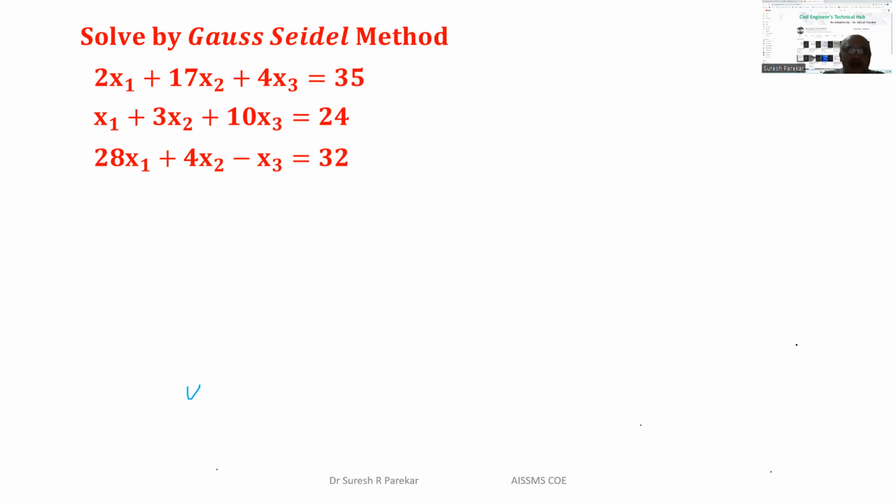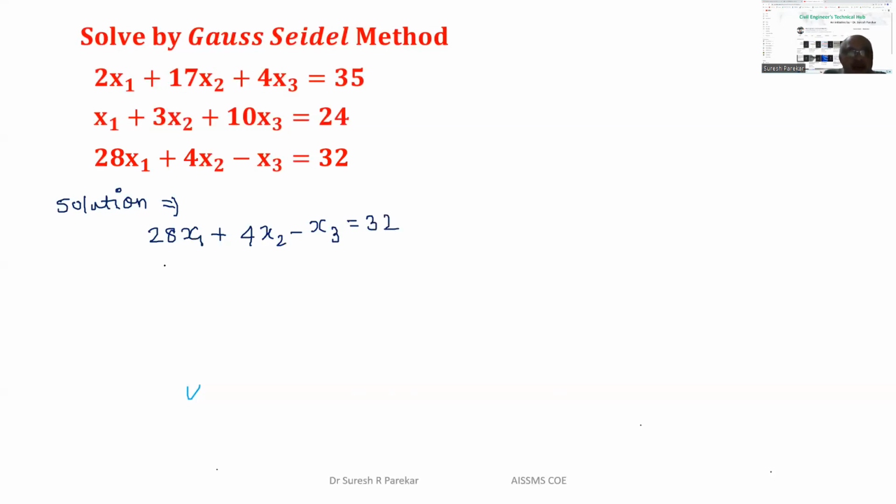Already we have seen in Jacobi method itself, it should be diagonally dominant, and therefore we should have the first coefficient greater than the other two. So we have this as 28x1 plus 4x2 minus x3 equal to 32. This will be first.